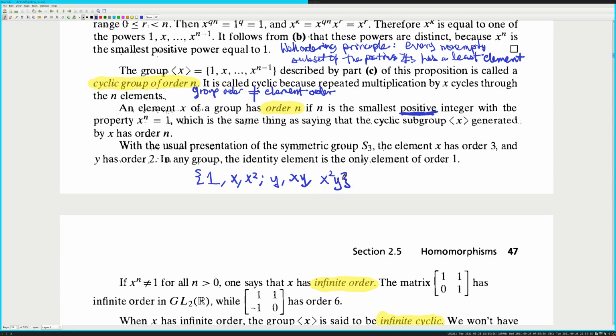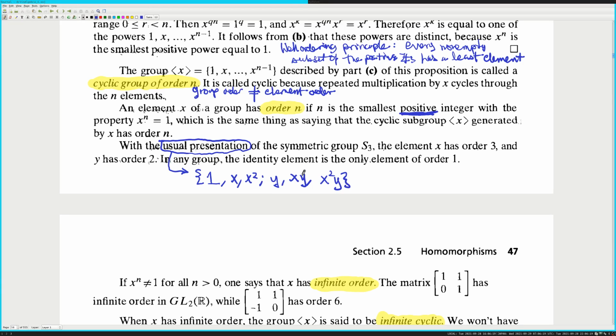This is the usual presentation. So x has order 2. No, x has order 3, and y has order 2.